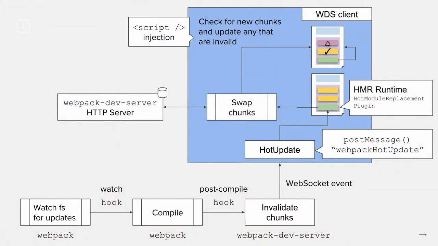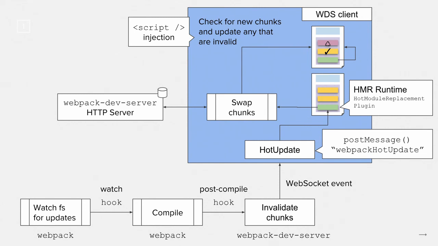You might be wondering, like in the case of React hot module reloading, at which stage do we actually update our framework data? So if we have a React virtual DOM, when do we update that with new components? This doesn't actually happen in Webpack itself. So if you just use HMR on its own without adding a layer at the application level, you're probably not going to get good results because you will have swapped out your modules for updated ones, but you won't have told your application that it can use these new modules.